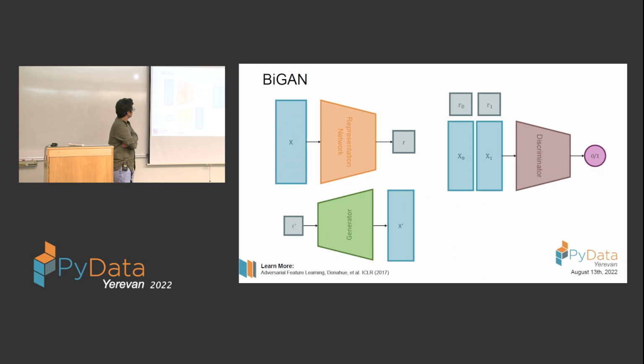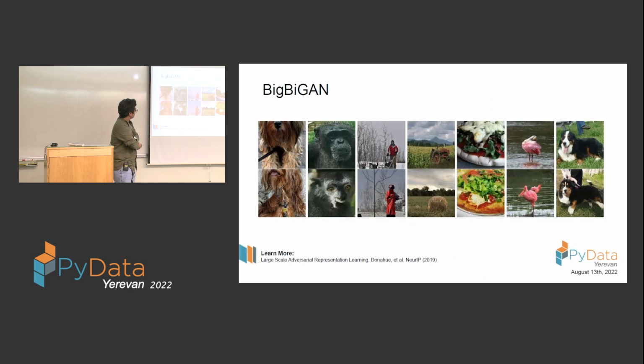So we put this input inside the representation network. We got the R, we put both of them to the discriminator, and then we had the generator there. So we put this image and ask the network to make another image look like this image.